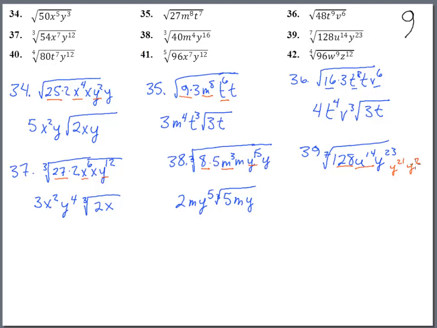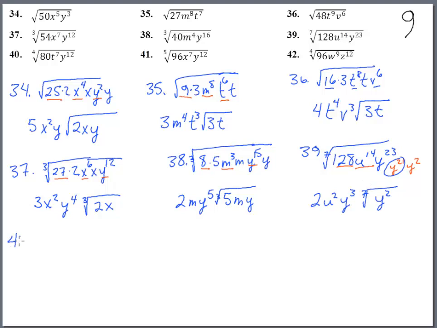Y squared is what's left over. So we get 2 u squared y to the 3rd power coming out, and then the 7th root of y squared. Can't go any further than that.